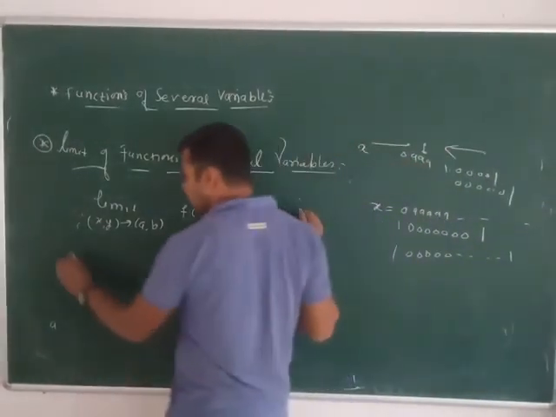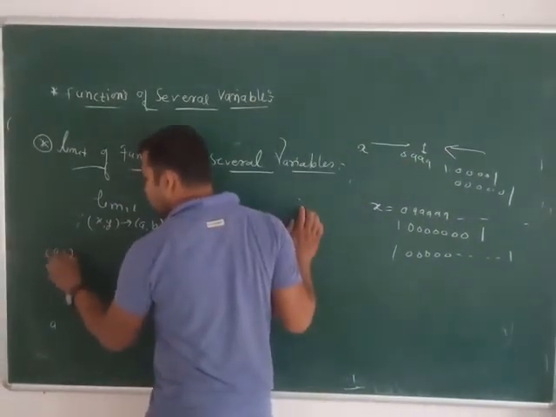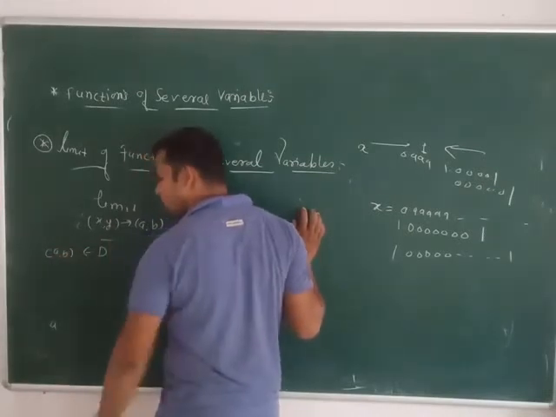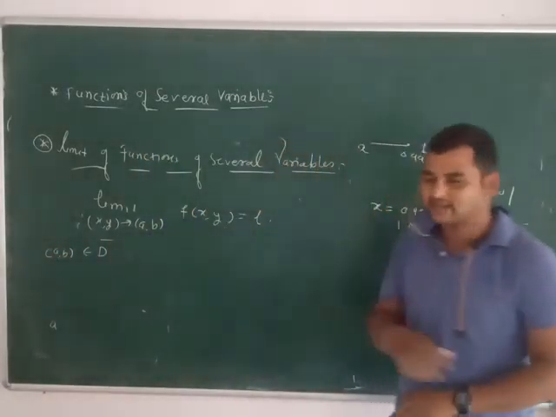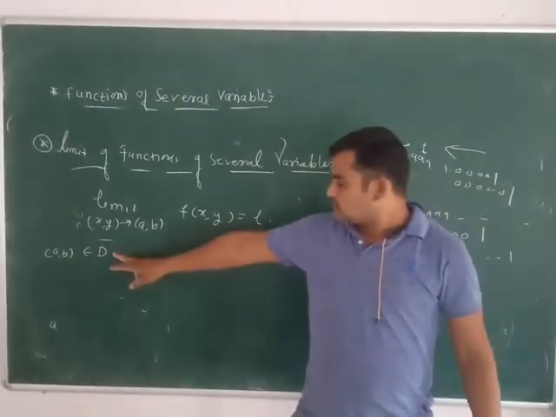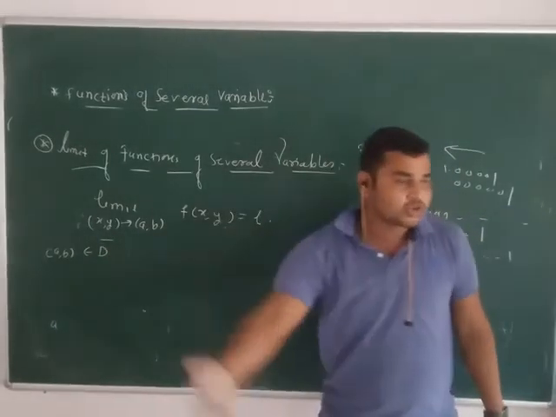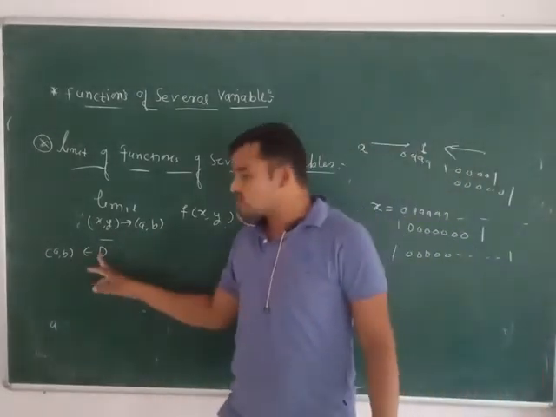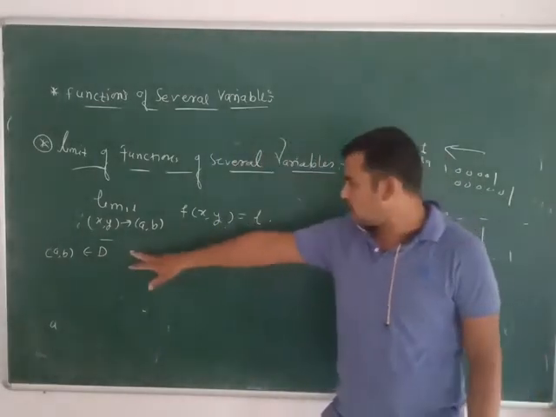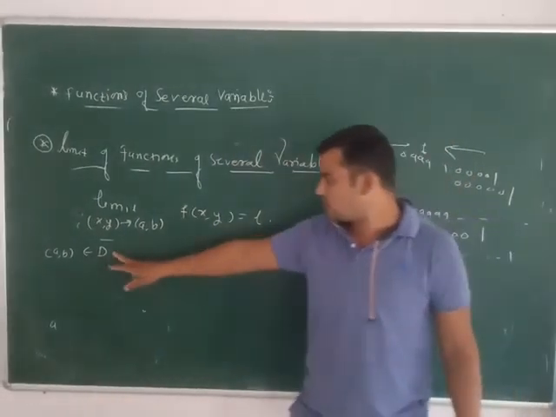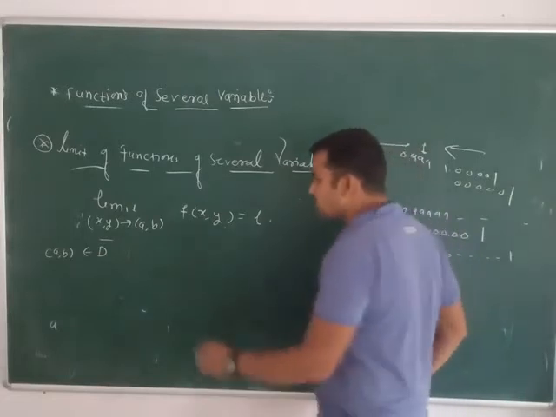If (a, b) belongs to D bar. In the previous lecture we discussed the domain, and D bar is the closure of this set: either a member of the set D or a limit point of the set D.